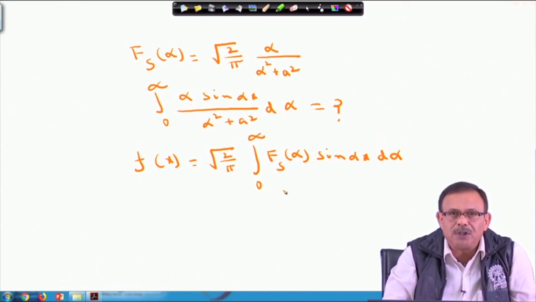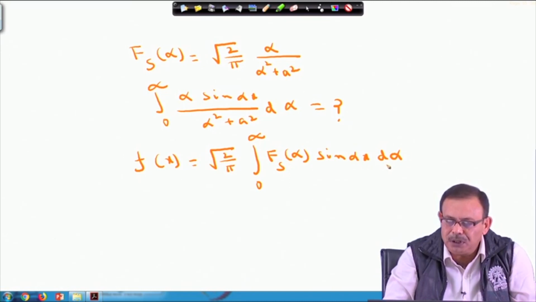Now, from the inverse Fourier sine transform, I can write down f(x) equals root over 2 by pi, integral from 0 to infinity, f_s(alpha), the Fourier sine transform of alpha, into sine of alpha x d alpha.